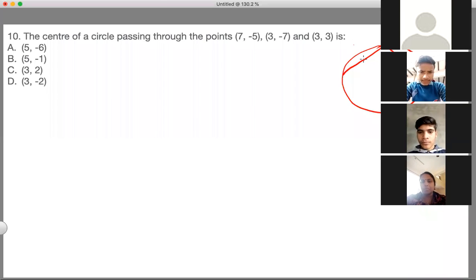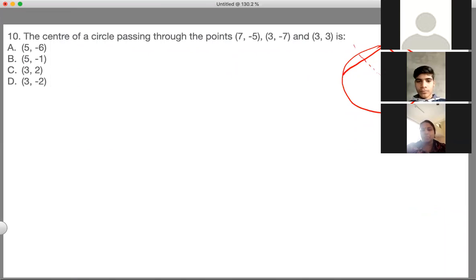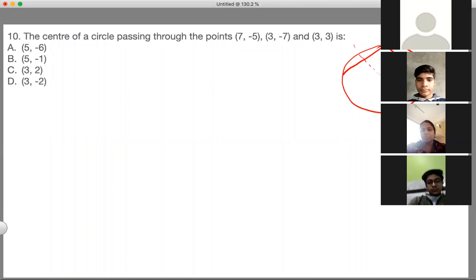We can find their bisectors and we can find their point of intersection. That is one method, okay, which uses finding lines with slopes and their bisector.